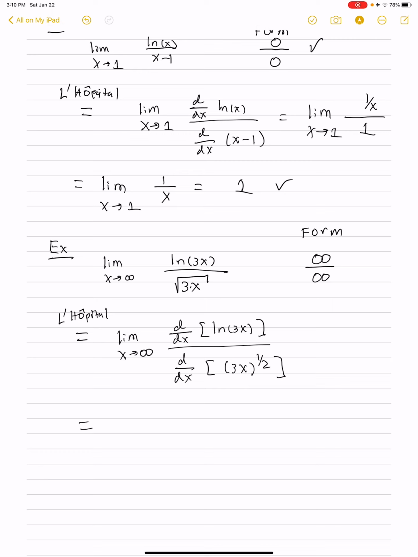Okay, so we differentiate the top. That's going to be 1 over 3x multiplied by 3. Okay, and I had to use the chain rule for the derivative of the top. Okay, for the bottom, I'm again going to have to use the chain rule. That'll be 1/2 times 3x to the minus 1/2. Then we need to multiply by the derivative of the inside. That's 3. Great.